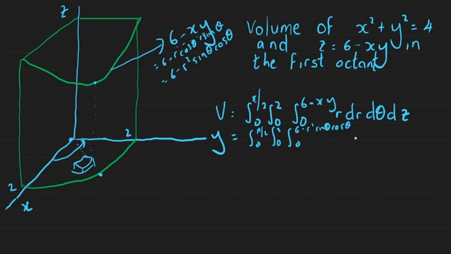And what we're actually integrating is r. I'm just going to write the dz first. dz dr d theta. So if you're integrating first with respect to z, all this just becomes z. R is treated as a constant first. So we would just substitute in this 6 minus r squared sin theta cos theta. So that's what we'll do now.